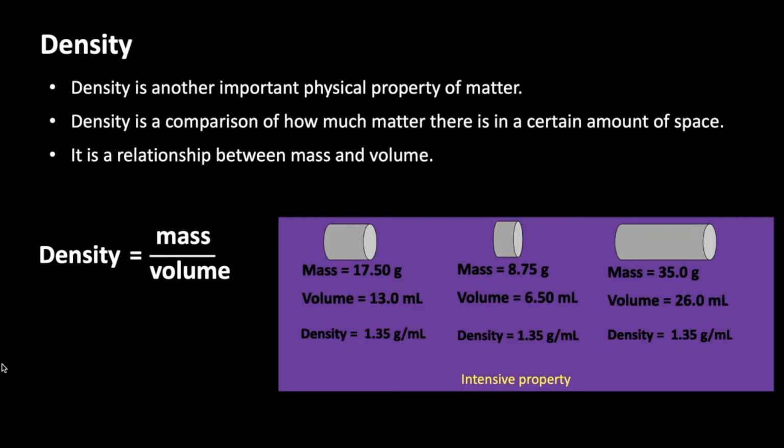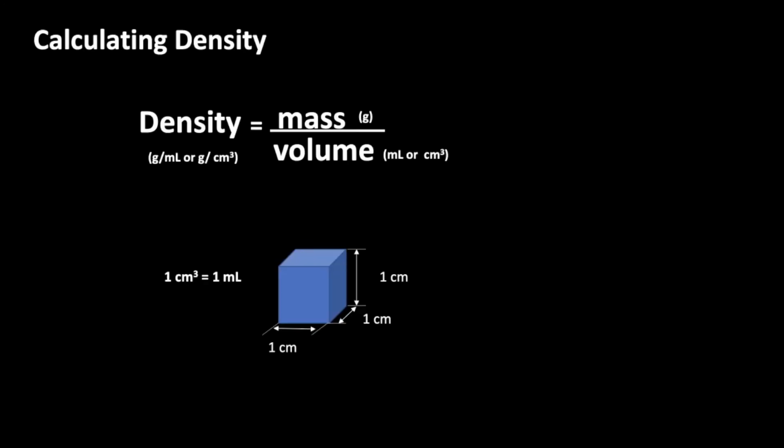The equation for density is equal to mass over volume. And once you get good at chemistry, you'll have that equation memorized. Units you'll see for density are grams per mil or grams per centimeter cubed.